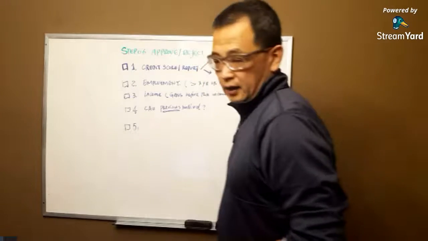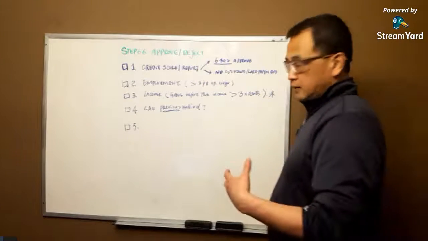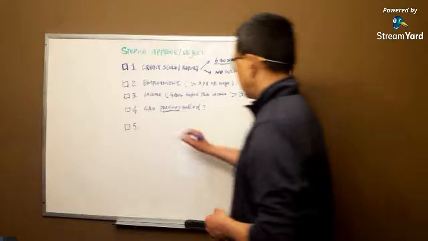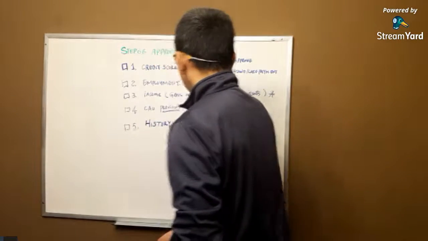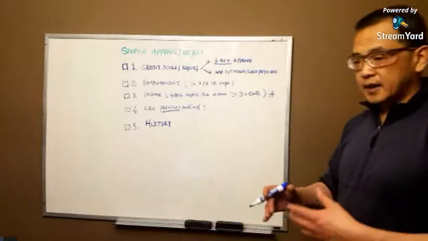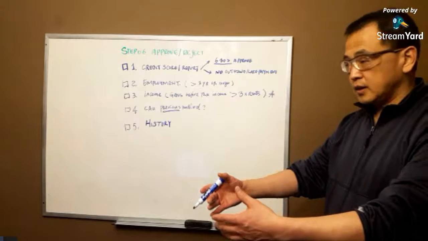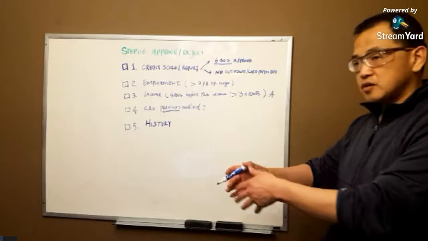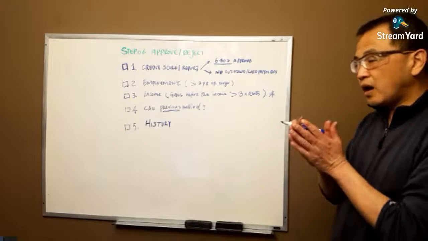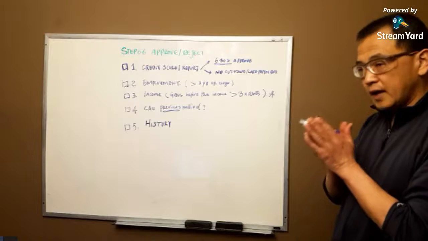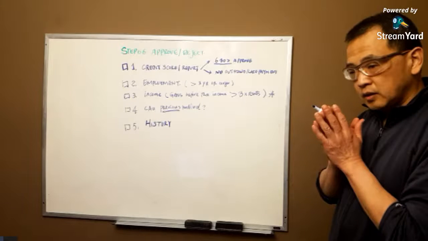And number 5 is the history. What I mean by history is how long they have stayed in the current place and how long they stayed in the previous place. By asking this, because we are aiming for a steady long-term tenant.